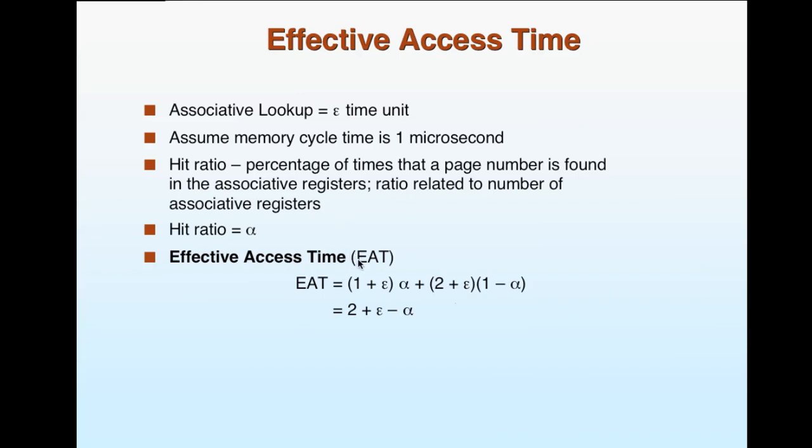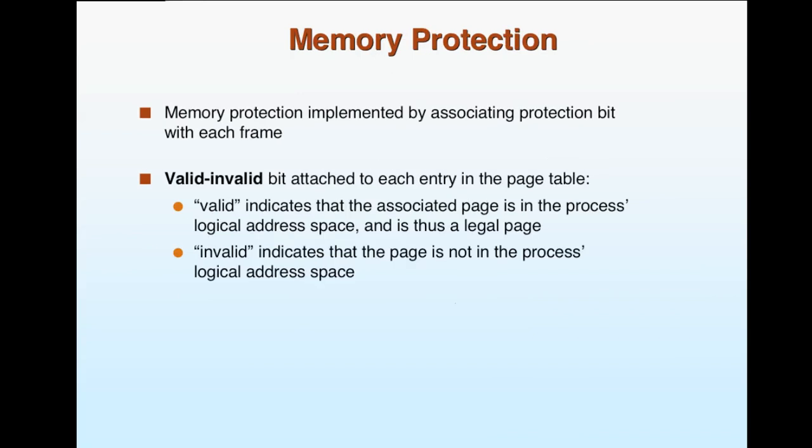So if the hit ratio is calculated, we can come out with the effective access time, which is a calculation that gives us our average time. This basically computes a time estimate based upon our hit ratio. How much time does it actually take to find something and access it when it's been loaded into memory?